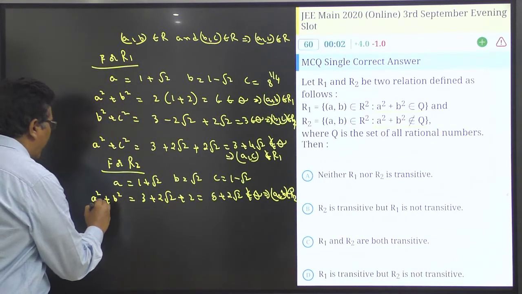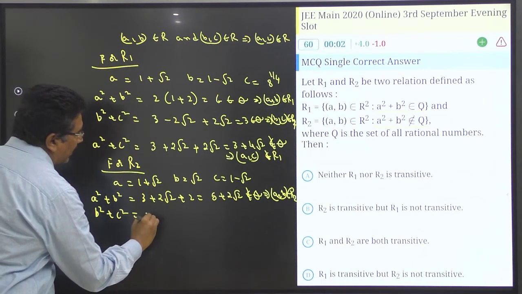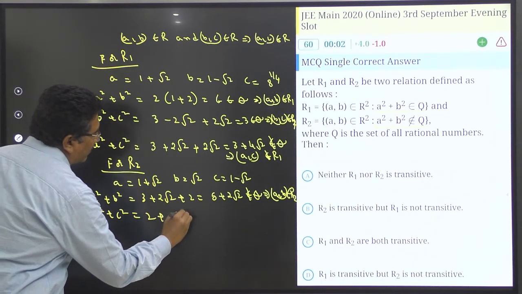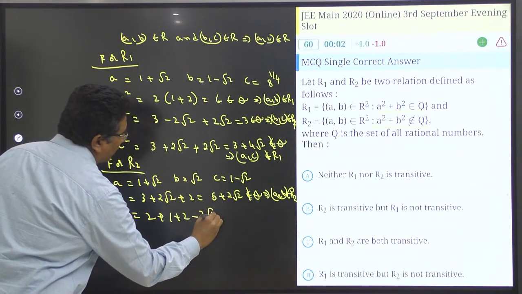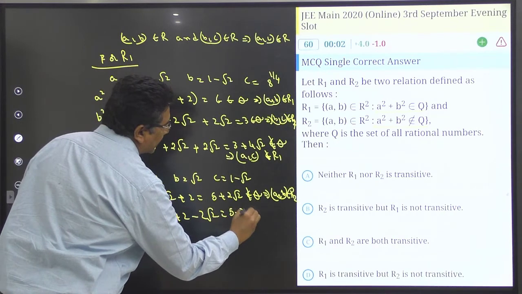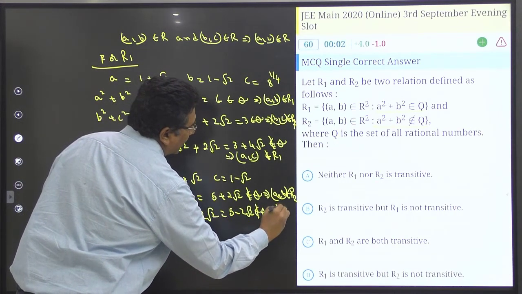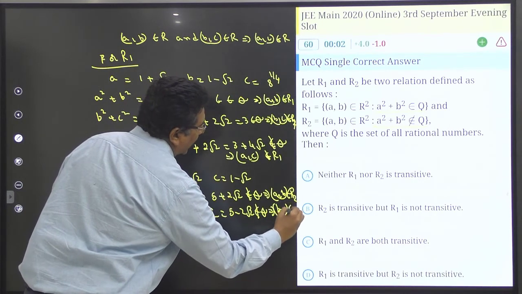Now b square plus c square: 2 plus 1 plus 2 minus 2 root 2, that is equal to 5 minus 2 root 2, which does not belong to Q. So (b, c) belongs to R2.